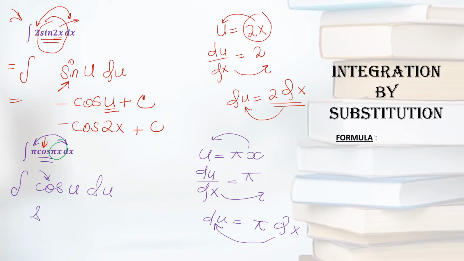It's sine u because the angle is u. And since it is an indefinite integral, write the constant of integration. Now what is your u? U is your pi x, which you said in the start, plus c. That's so simple.